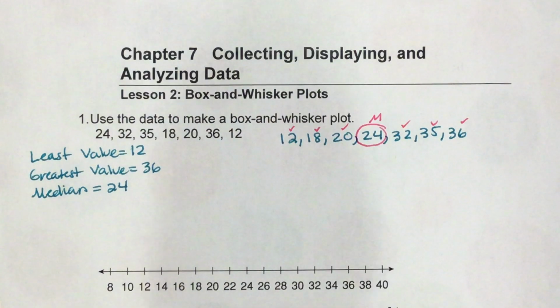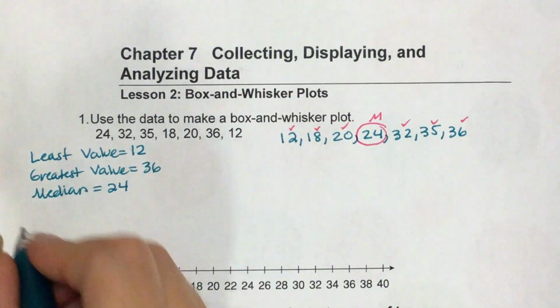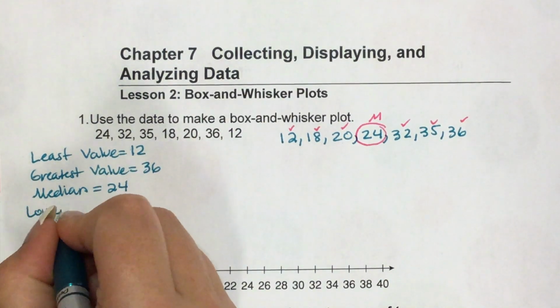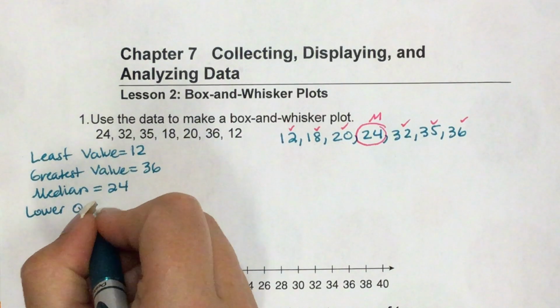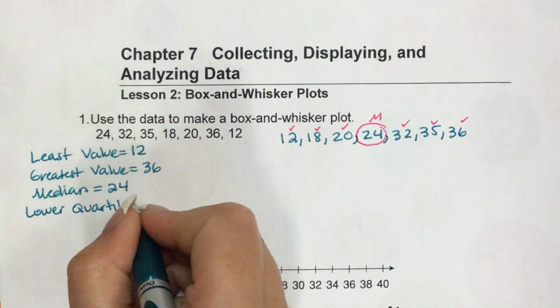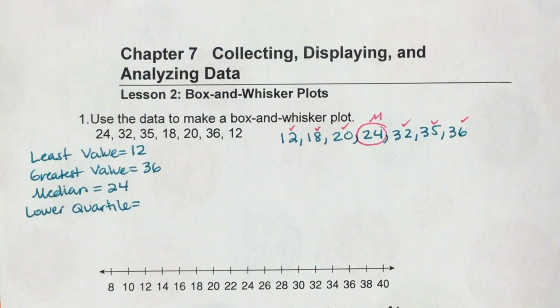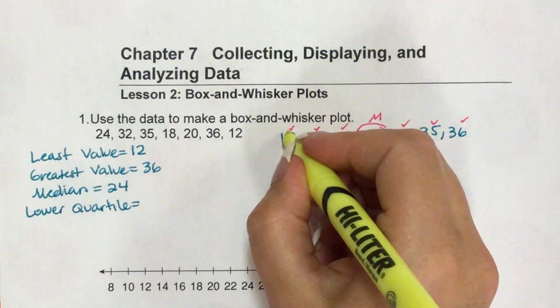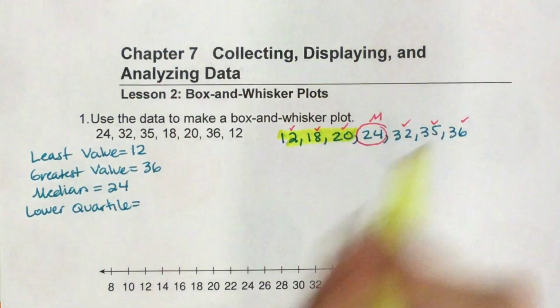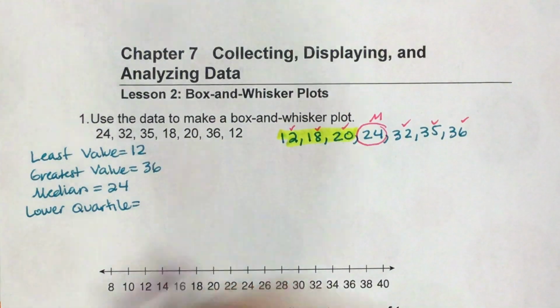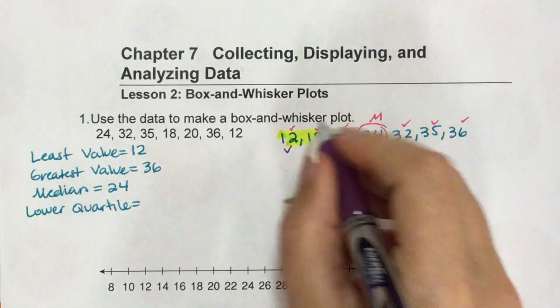Then I need to determine the lower quartile, which is the median of these numbers right here. So that means I'm going to take one from this side, take one from this side, and there we have it.